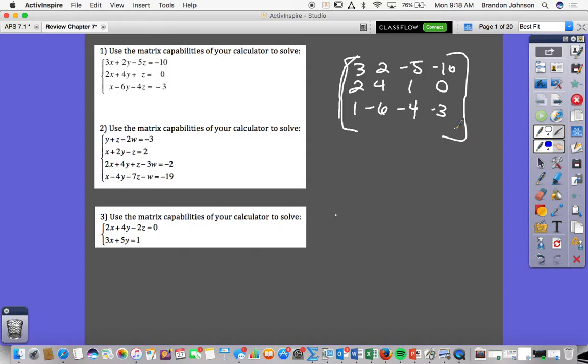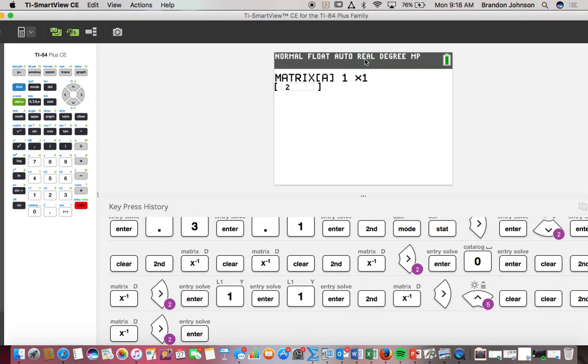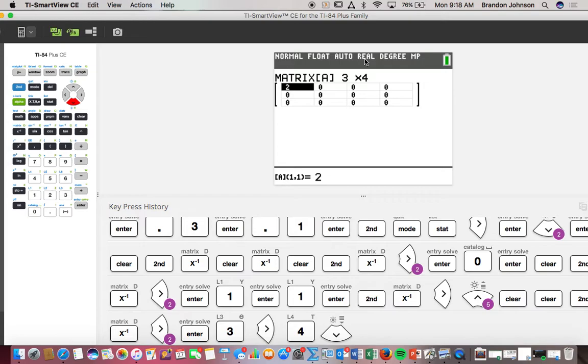So we say that this is a 3 by 4, okay? If you become confused on that, basically we want it to look exactly like we see it up there. So we'll put a 3 by 4, okay? So you should have something that looks like this, okay?